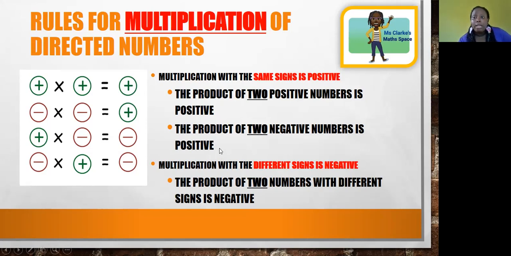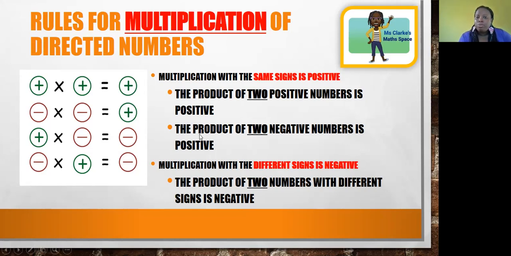Although it's not written here, I'm going to give an example. If you have positive 3 multiplied by positive 4, a positive by a positive is a positive, so we know our answer is going to be positive. And 3 multiplied by 4 is 12. So our answer would be positive 12. We might just write 12.